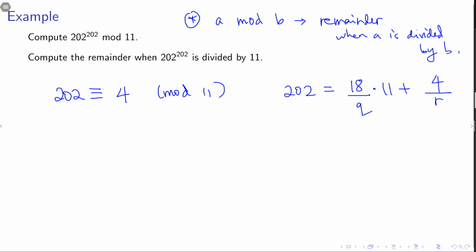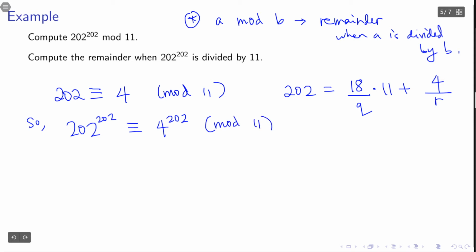And what this means for us is, by the previous property, 202 raised to 202 is congruent to 4 raised to 202 mod 11. And so 4 to the 202 is going to be easier to evaluate.